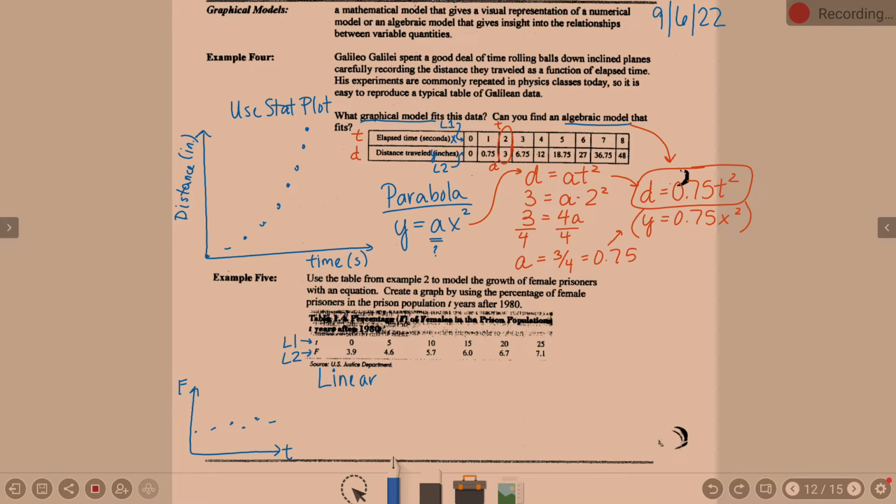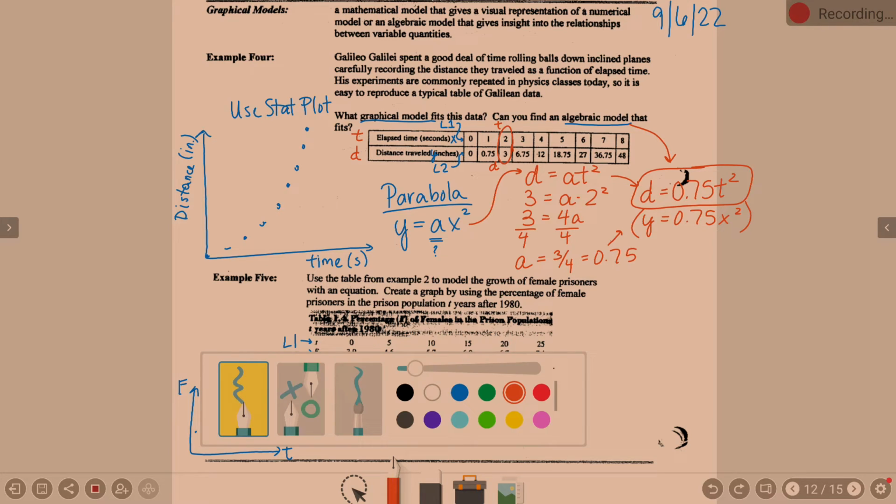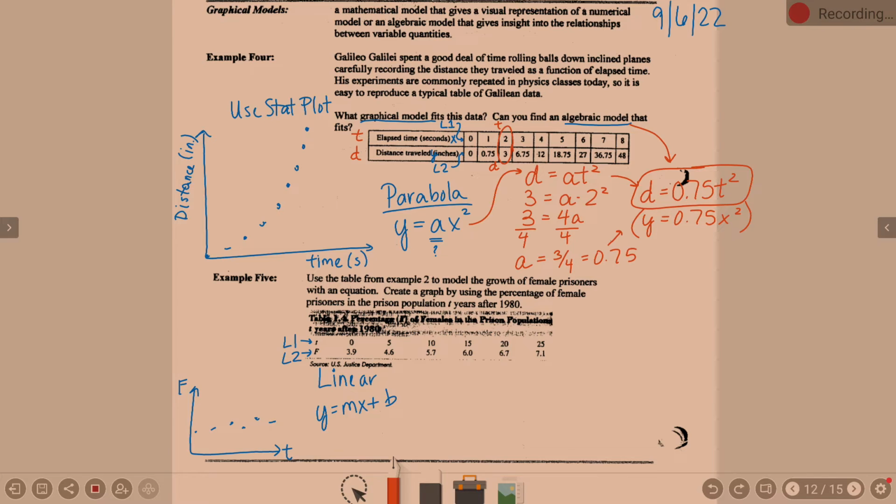What is our equation we want to think of when we talk linear? Yeah, when we talk linear, we generally think y equals mx plus b. So, with that in mind, our goal is to find a linear line, a line that goes through the middle of those points.